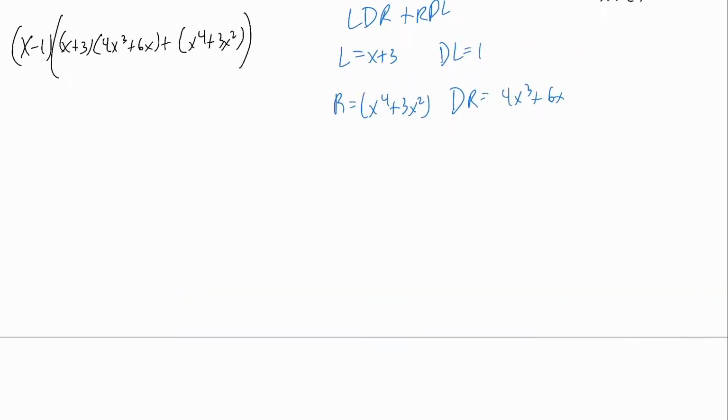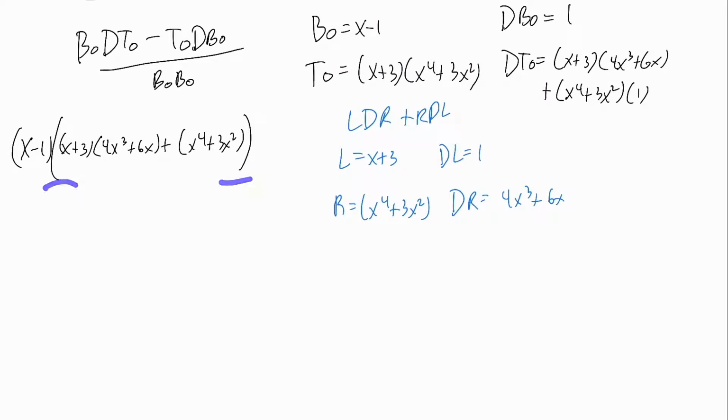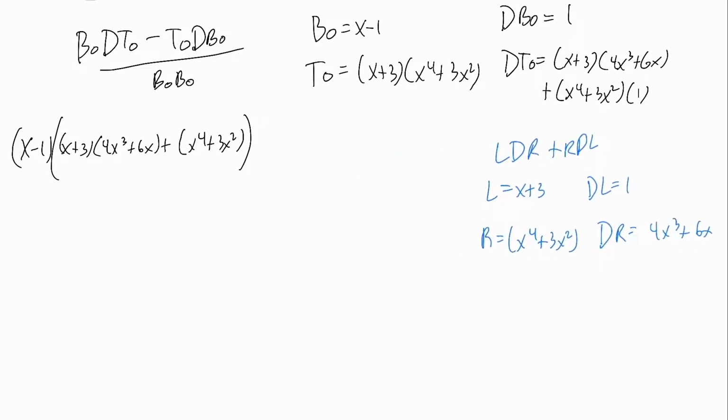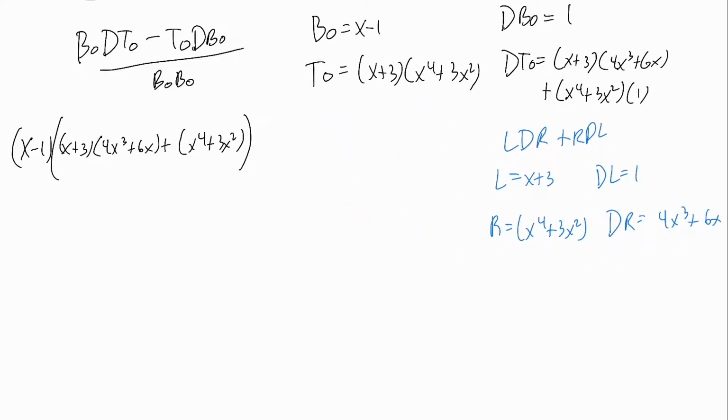These parentheses here are important. Without them, if these parentheses weren't here, we would just have x minus 1 times this stuff. It's also important that we have x minus 1 times that thing over there. So that's what the parentheses are for. So that is our bottom D top. I'm running out of room, so I'm going to move this over here. So that's our bottom D top.